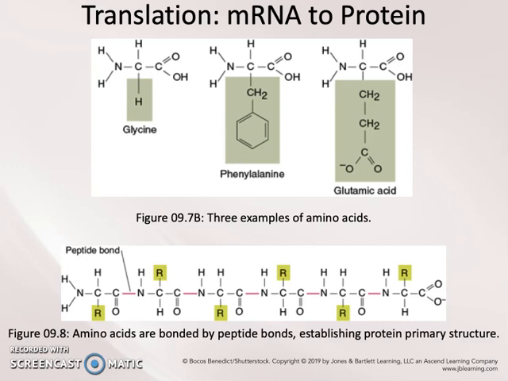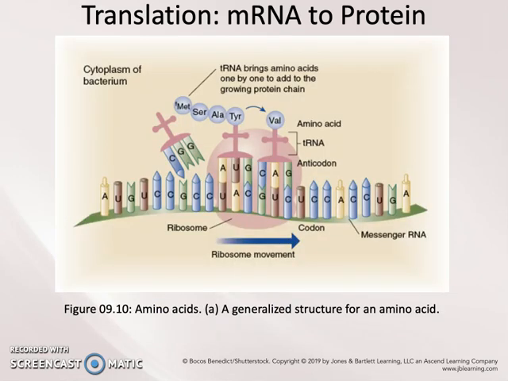Translation itself involves lots of different molecules. So we've already seen here that translation involves a single RNA molecule that we'll now refer to as messenger RNA or mRNA, and that is the copy of the recipe that was made from transcription. In addition to that, you're going to need the ribosome.